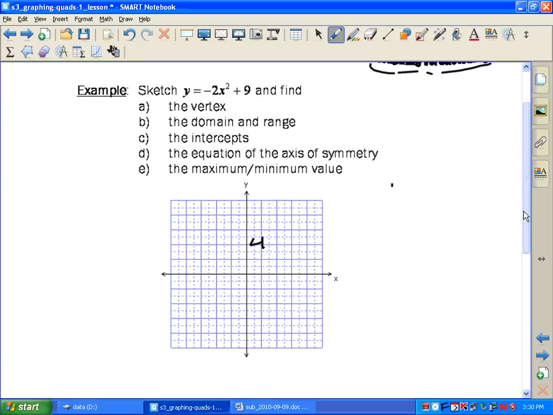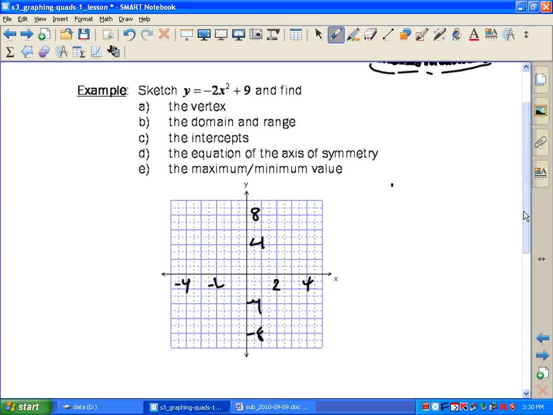So that's 4, 8, -4, -8. Actually, you know what? I'm changing my mind. I'm going to make it so that this will be 2, 4, and that's -2 and -4.